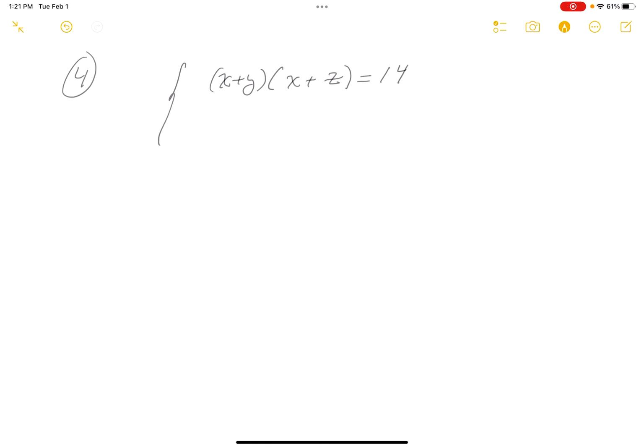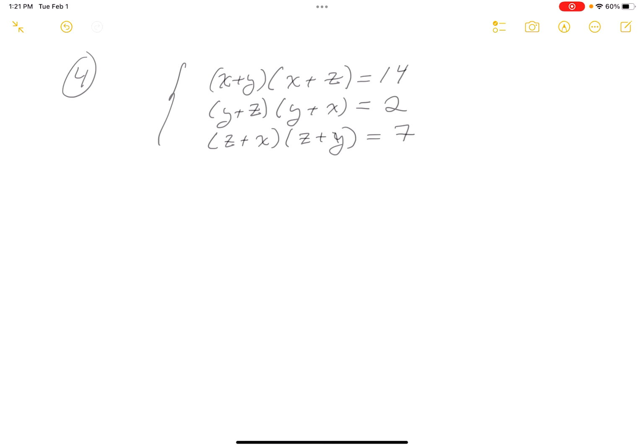And the second equation is (y plus z) times (y plus x) is equal to 2. And the next equation is (z plus x) times (z plus y), and that is equal to 7.